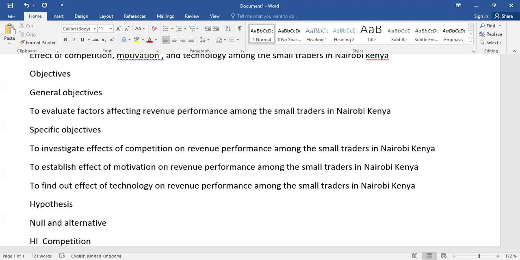Competition has no significant effect on revenue performance among small scale traders in Nairobi.